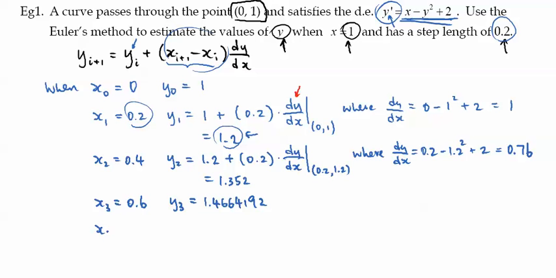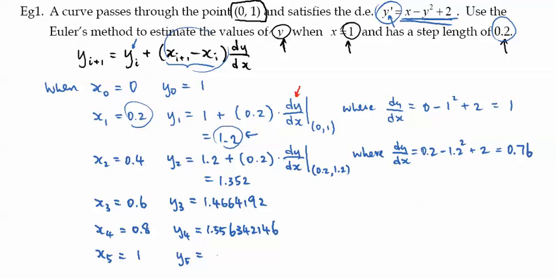And then as you have x4 equals 0.8, you can then get your calculator to find the y value. Now as you can see here, I will not do any rounding until the final answer. So when we have the fifth step, x5, when x equals 1, we can now calculate the y value at this moment.